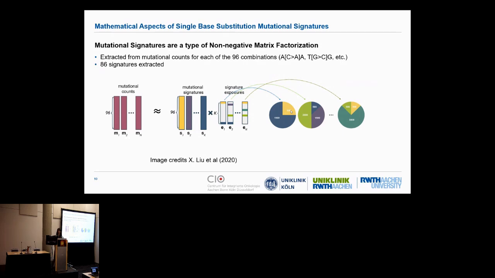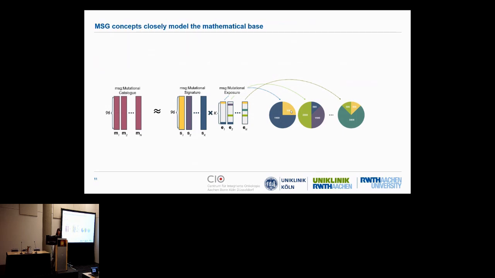So they're generated by making mutational counts for a number of samples, and factorizing them into mutational signatures and signature exposures, where the mutational signatures intuitively represent which underlying processes are present in the data, whereas the signature exposures tell us for each sample how affected it is by a particular underlying process. These concepts are modeled very closely in the ontology. So there's a class for mutational catalog, a class for mutational signatures, and a class for mutational exposures.